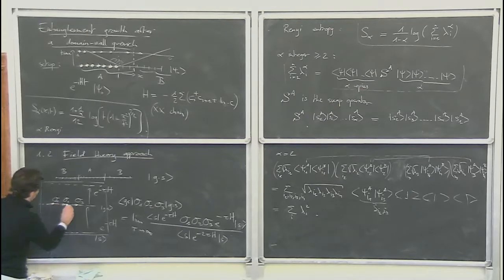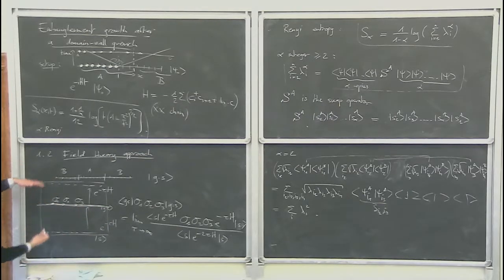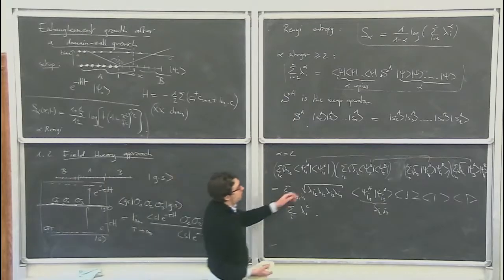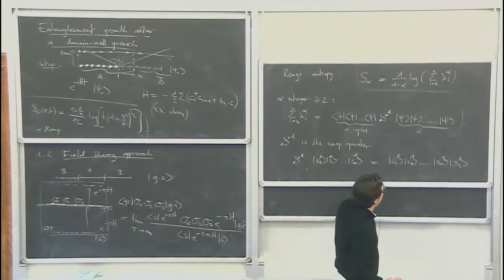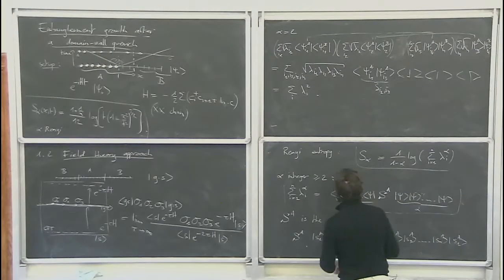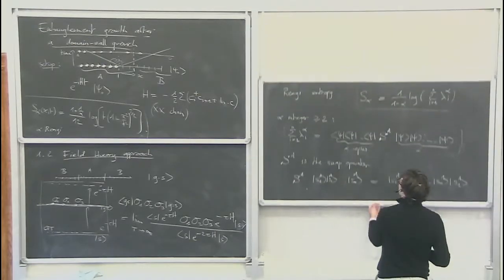Correlation functions in the ground state of your quantum critical system are obtained by looking at the free boson CFT, or other CFTs if you are in other universality classes, in the plane. So that's what we are going to do. We are going to calculate a certain correlation function in the plane.